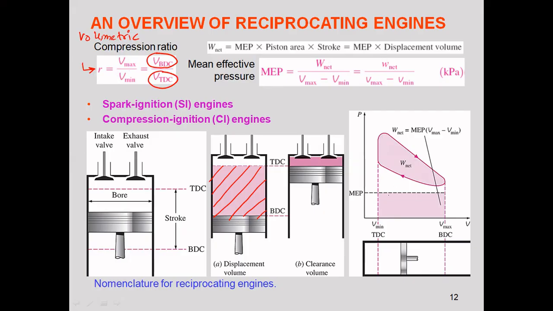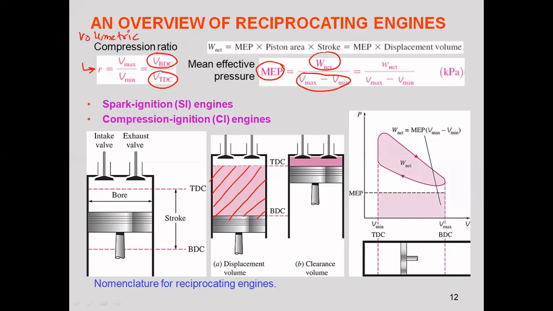Now there is another concept that I also have discussed in the last class, mean effective pressure. How to get it? That is net work output divided by the total displacement volume. So mean effective pressure means the average pressure with which the piston is working, producing the work.